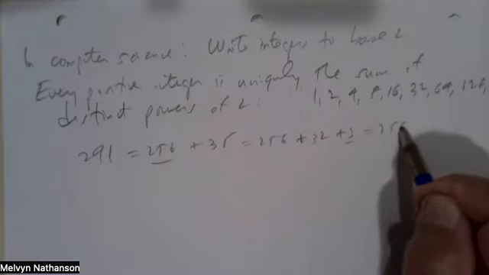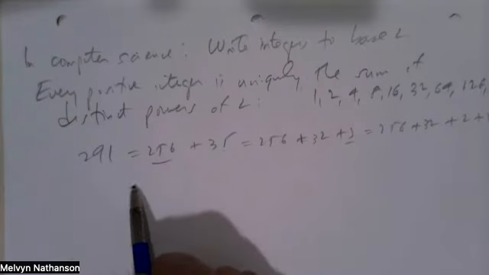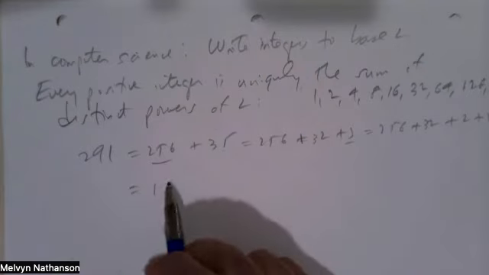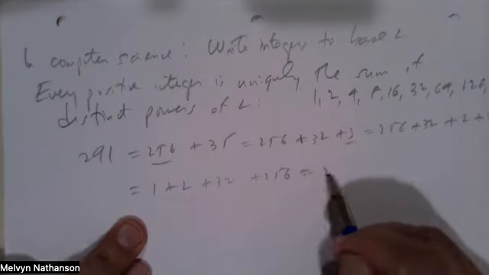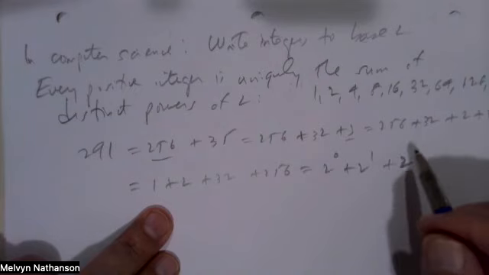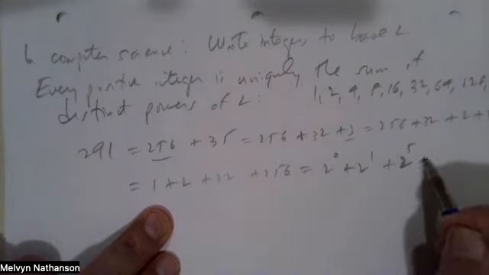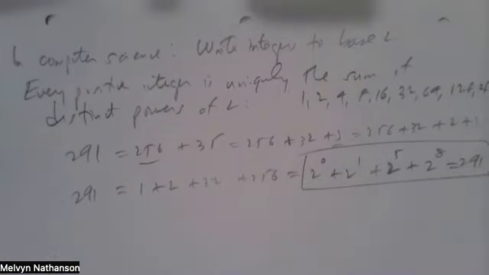And 3 is 2 plus 1. So 291, let me write it in the opposite order, is 1 plus 2 plus 32 plus 256. That's 1, which is 2 to the 0th power, plus 2, which is 2 to the 1st power, plus 32, which is 2 to the 5th power, plus 256, which is 2 to the 8th power. So here I've written 291 as a sum of distinct powers of 2.